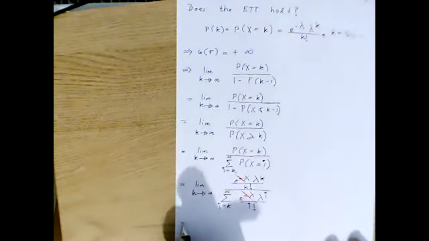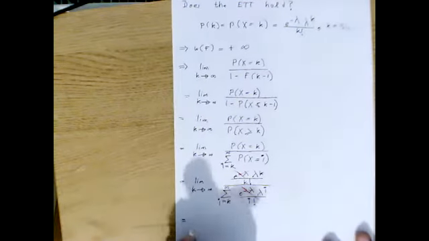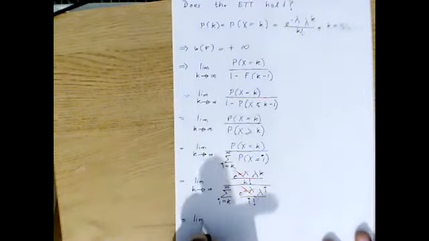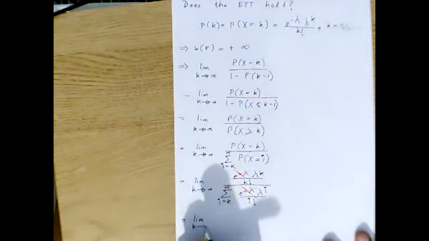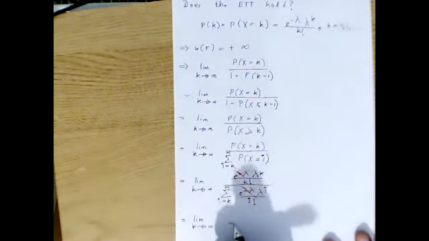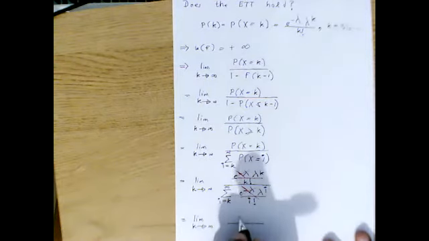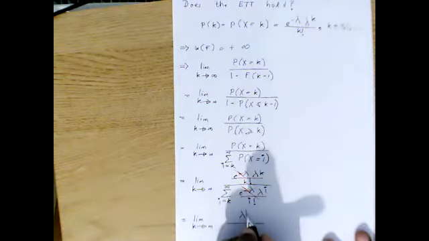So in the next line, I'm gonna write this as the limit as k approaches infinity of lambda to the power k, over k factorial, times lambda to the power i divided by i factorial.